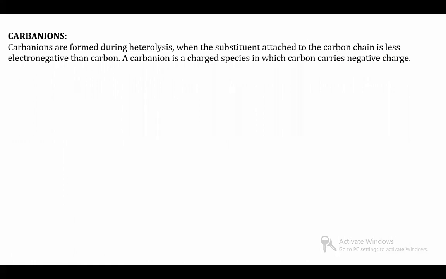So how will the structure of a carbon anion be? I said earlier that we have carbocation and carbanion. The carbanion is exactly opposite to the cation.